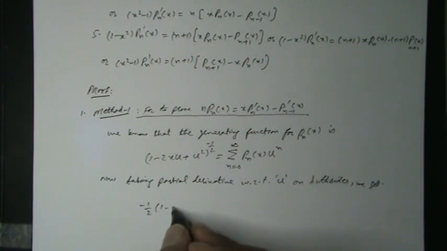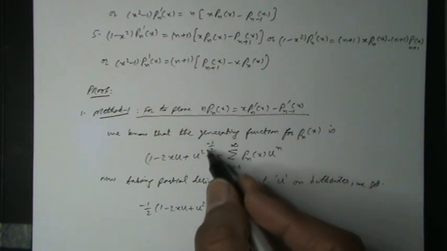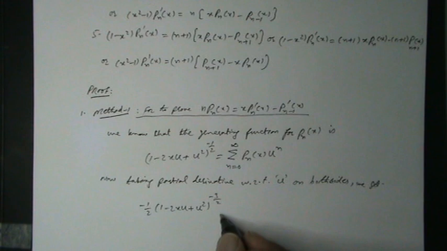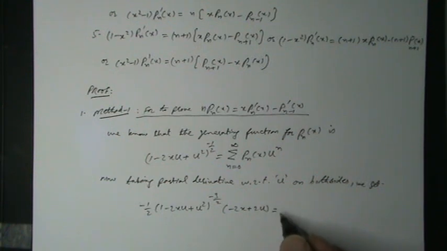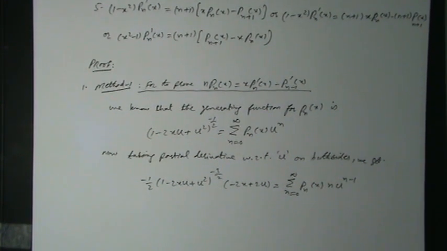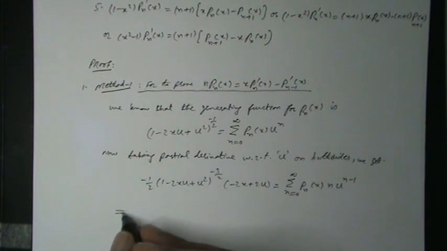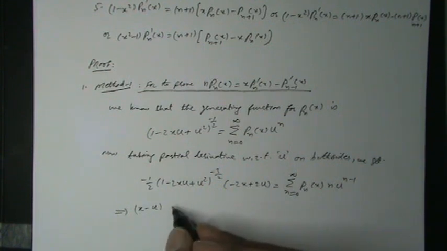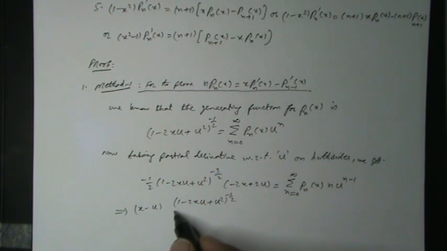minus 1 over 2, (1 minus 2xu plus u square) raised power minus 1 over 2 minus 1 will become minus 3 over 2, into (minus 2x plus 2u) equal to sigma n from 0 to infinity Pn(x) n u^(n-1). This can be written as, 2 cancel with 2, (x minus u)(1 minus 2xu plus u square) raised power minus 1 over 2 minus 1.